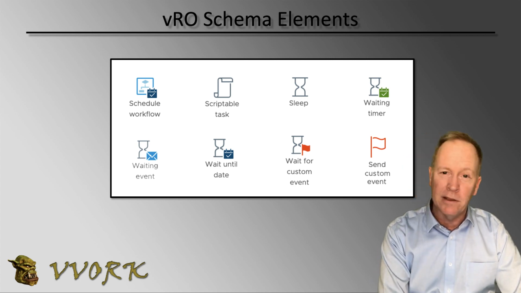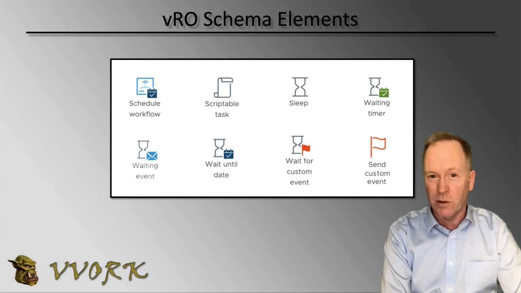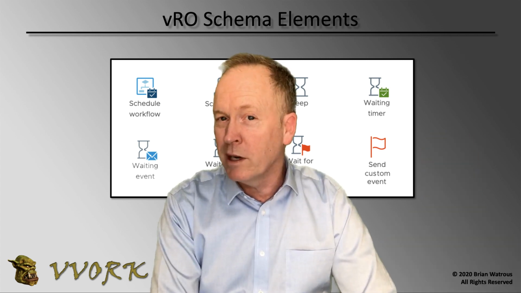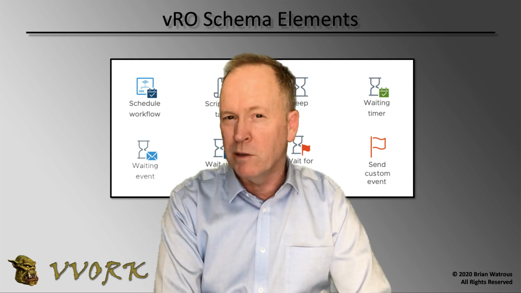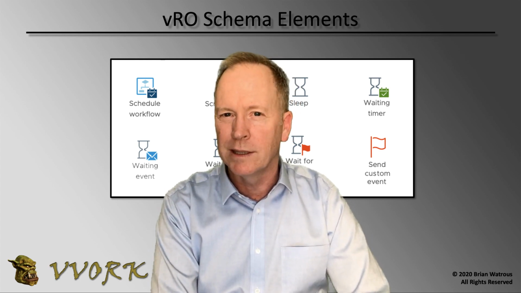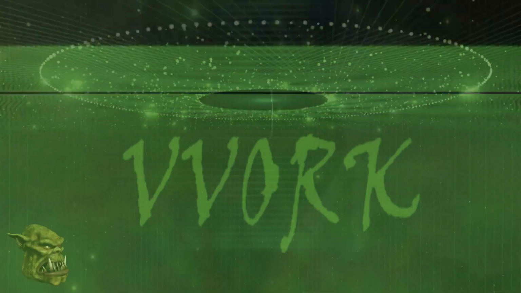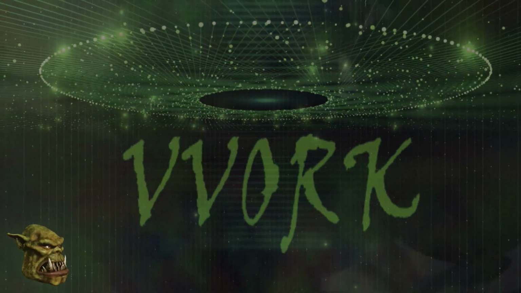So again, in the later videos in the series, I'll show you exactly how to use those. So again, this is what's on our agenda. We're going to learn how to schedule within your workflows, how to sleep within your workflows, and how to wait within your workflows. In the next video, I'll show you how to do scheduling in your Orchestrator workflows.